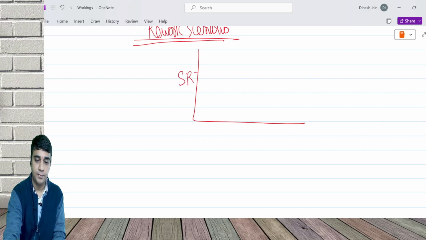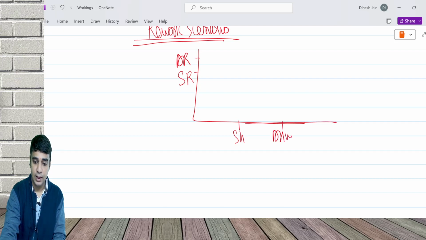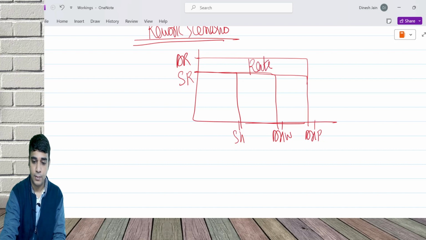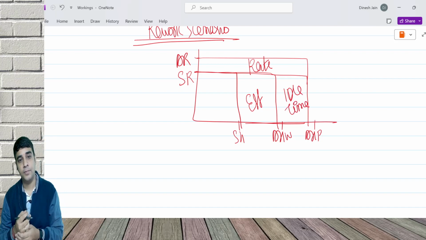SR, AR, SH, AHW, and AHP. Please put the chart.